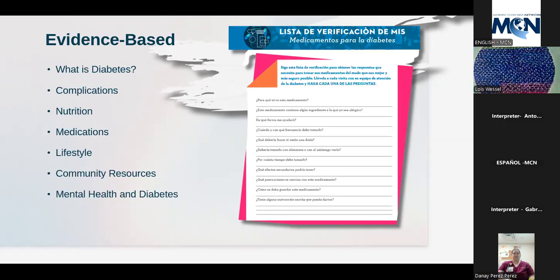So this one, the first question is, what is this medicine even for? How will it help me? What should I do if I forget to take one of the doses? And so this is a patient education document that the community health worker and the patient can fill out together to make the care personalized to that specific patient.